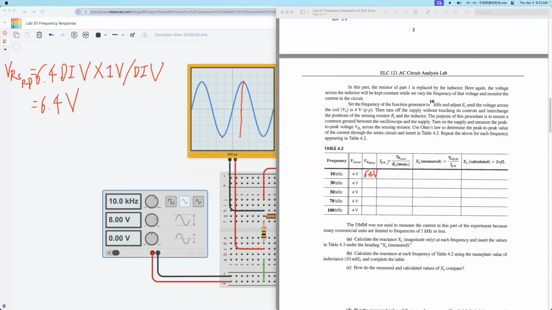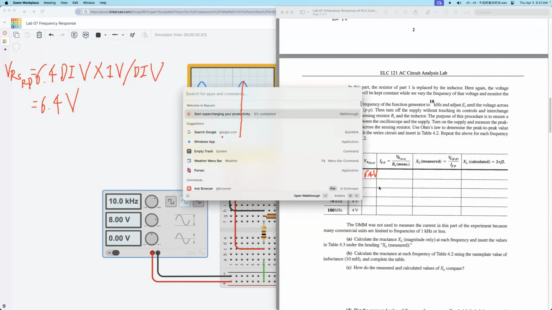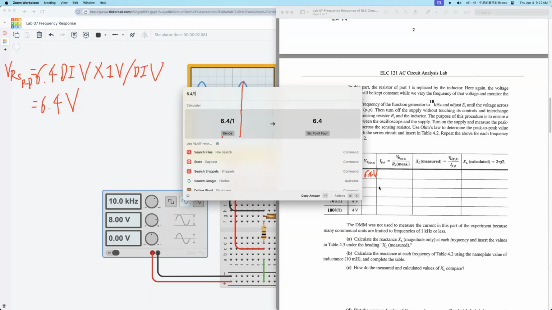Then we can calculate the I current peak to peak value. So it's VRS peak to peak value divided by RS. So 6.4 divided by 100. So then we got 0.0625 ampere.